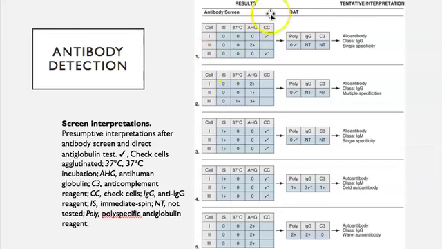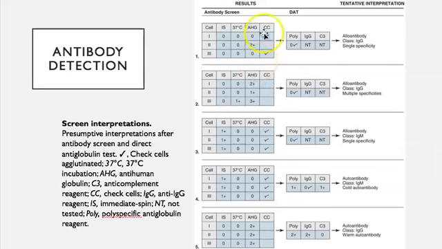So for instance, in this first screen here, we've got no reactivity at initial spin. We've got no reactivity at 37 degrees, but we do have some reactivity in cell 2 at our AHG phase.